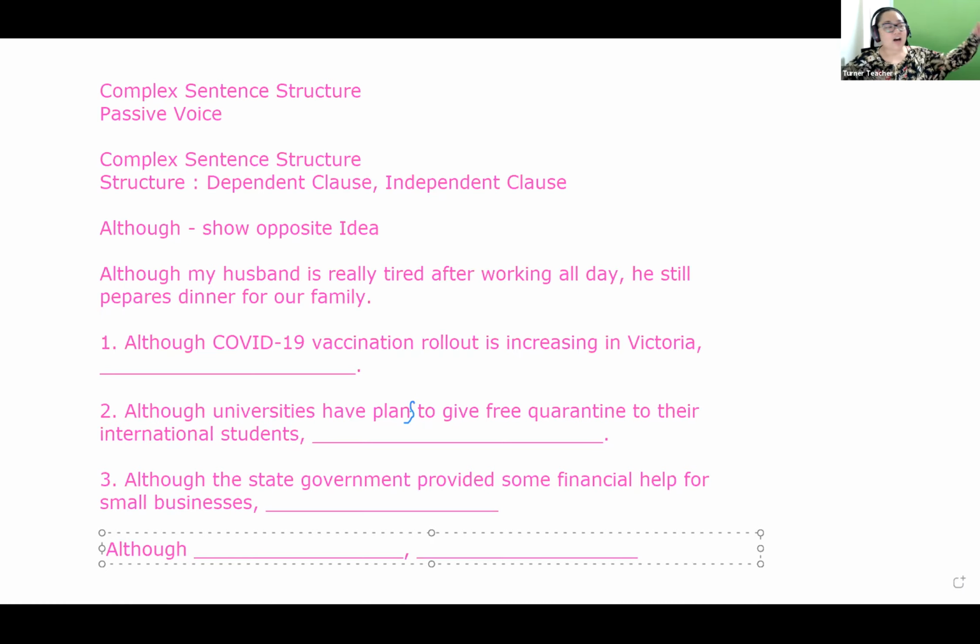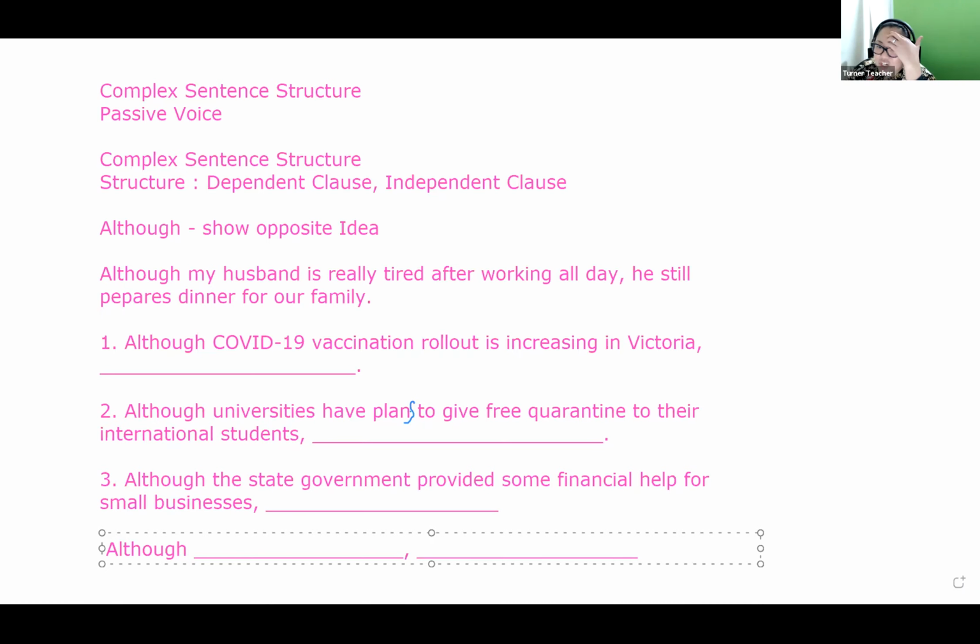Beautiful. Okay, so do we all now know how to write our complex sentence? Although the residents in Victoria can get proof of vaccination, not vaccinated.